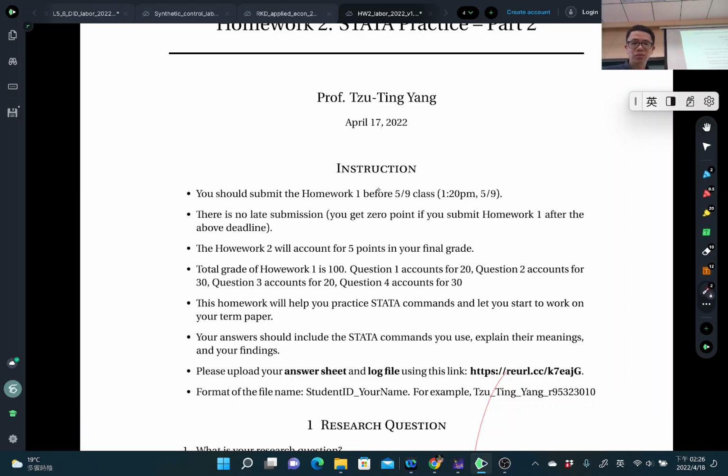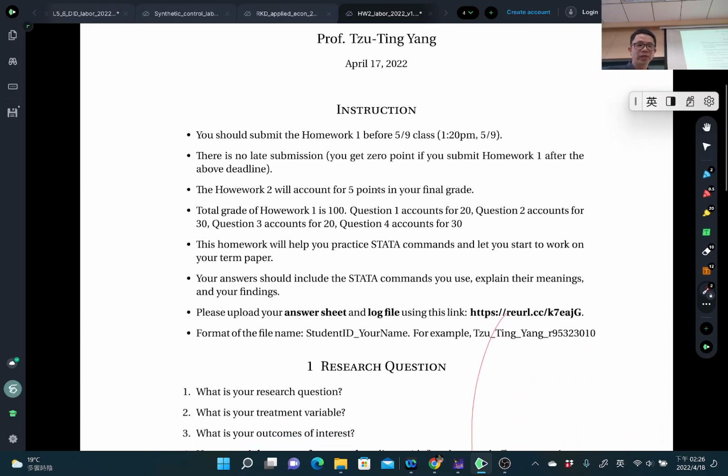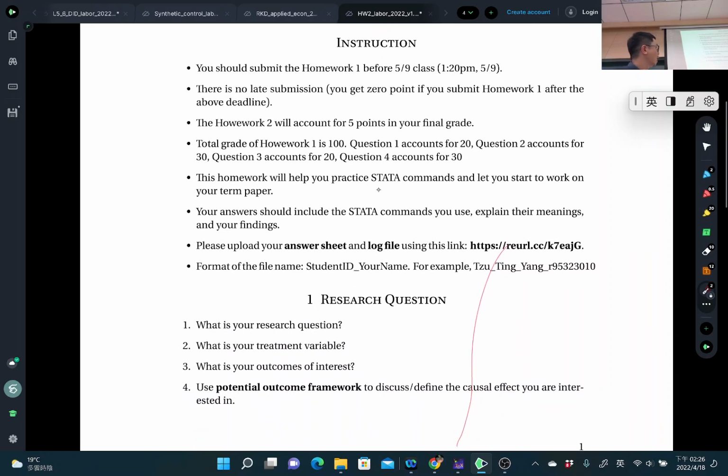You will have 4 big questions, and some questions are actually for your term paper. For the first question, I assume you might already know what your research question is. You can consider it as kind of the writing for your term paper. What's your research question, what's your treatment variable, and what's your outcome?